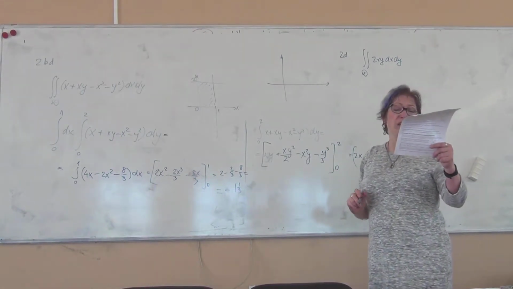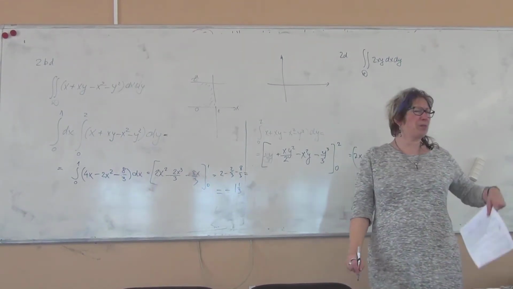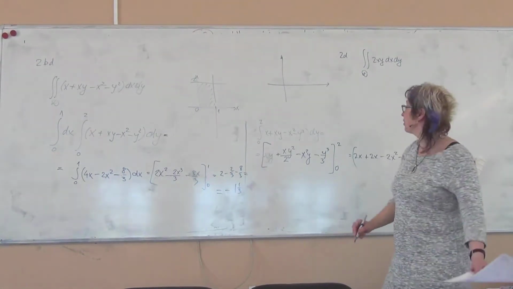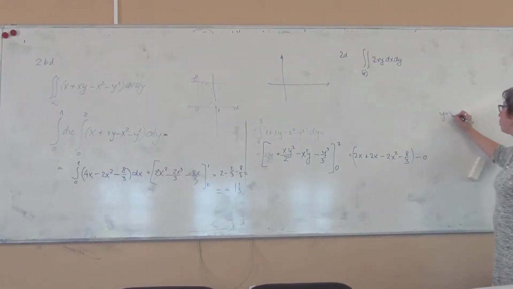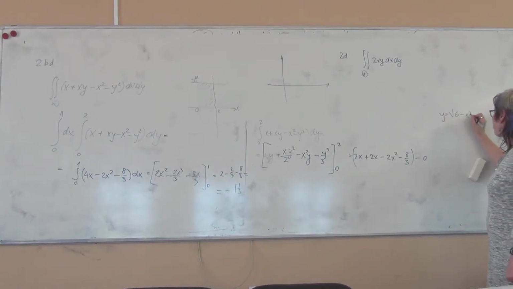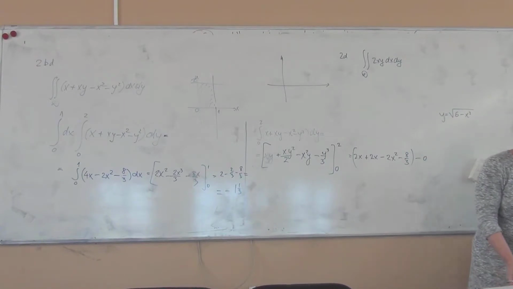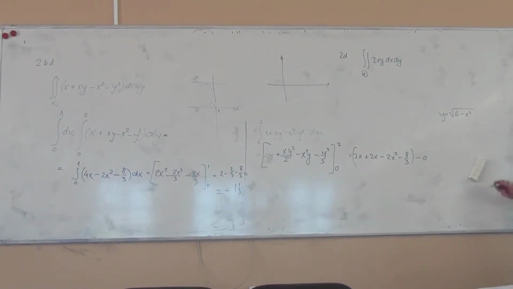Y equals square root of 6 minus x squared. What's that? What is y equals root of 6 minus x squared? Any ideas? What kind of curve? Circle. Yes, it will be a half circle.